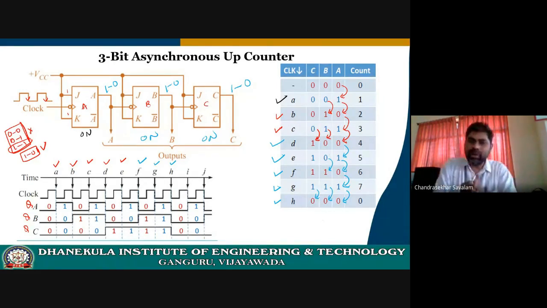So what you understood, students, is that because of this asynchronous 3-bit up counter, the count is in increasing order. Initial state is 0. See here, after observing all these, these arrow marks are the state transitions. State transition means that particular flip-flop is on.